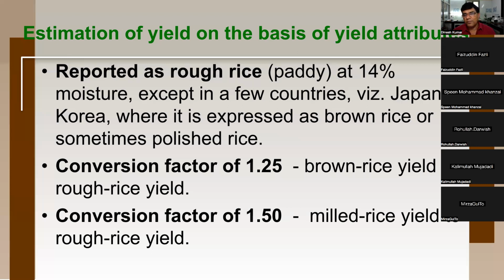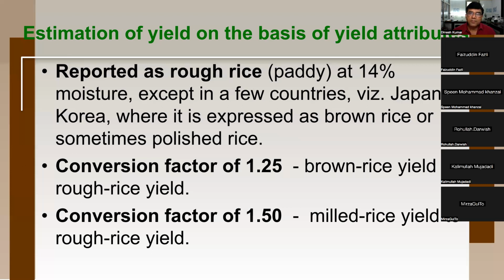Now the first exercise is on converting the rice yield to white rice yield. When we harvest rice, we go for threshing of the crop, and moisture at that stage is reported at 14%.